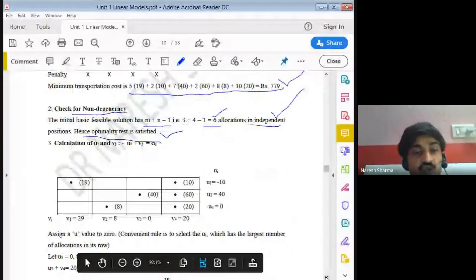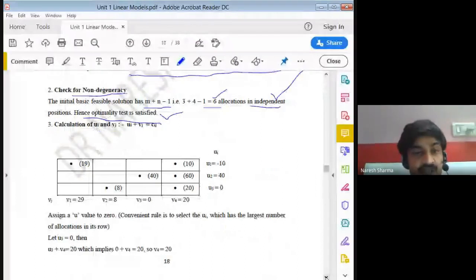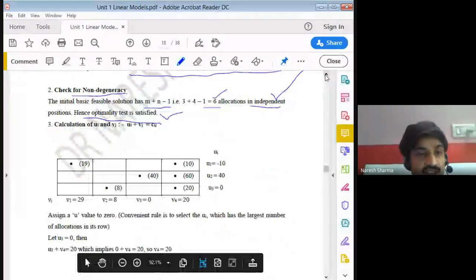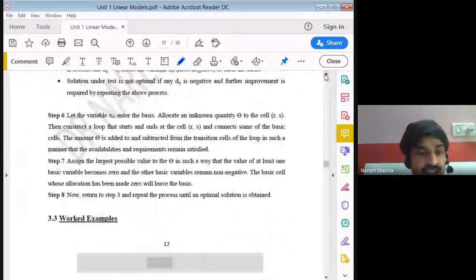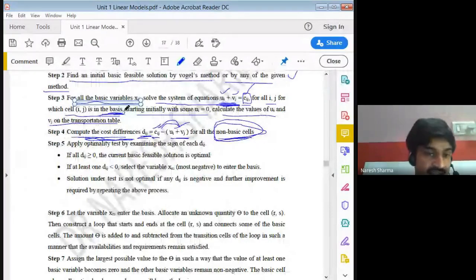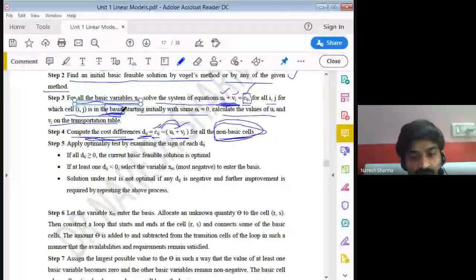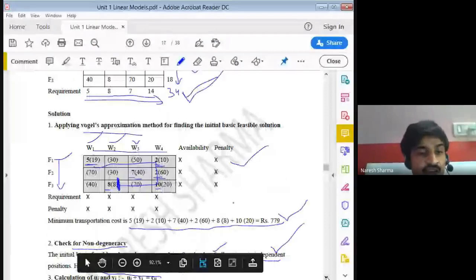So we check ui and vj for the basic variables, as it is written here. We calculate this ui plus vj in the basic cells. You say basic or basis, same thing, right? So first we do this. Basic variables are those variables, those locations, where allocations already occur.